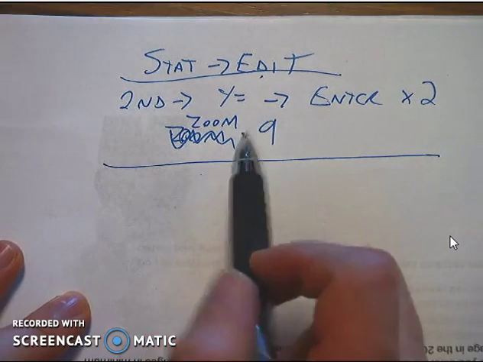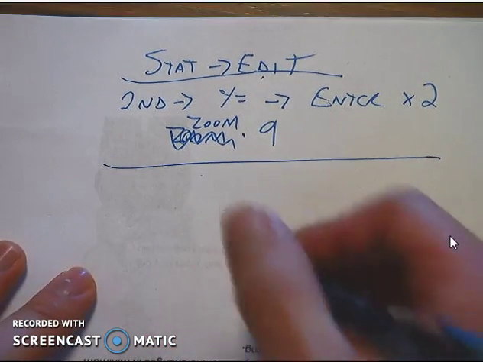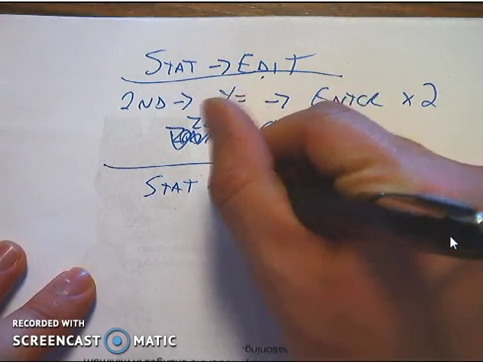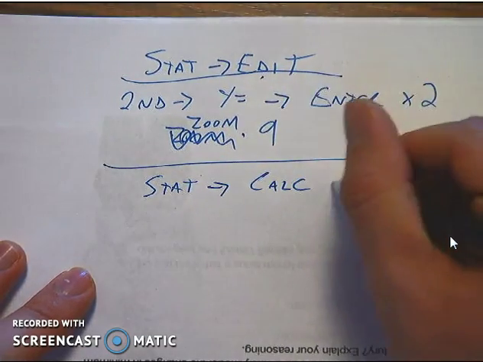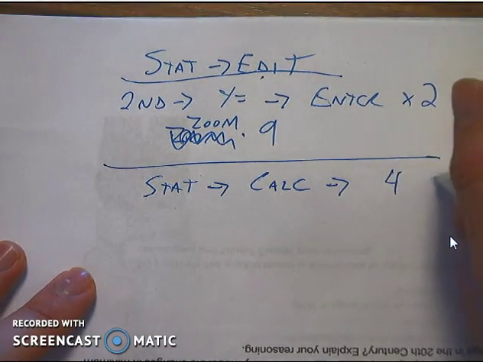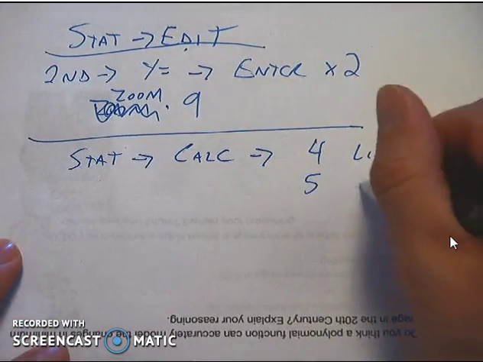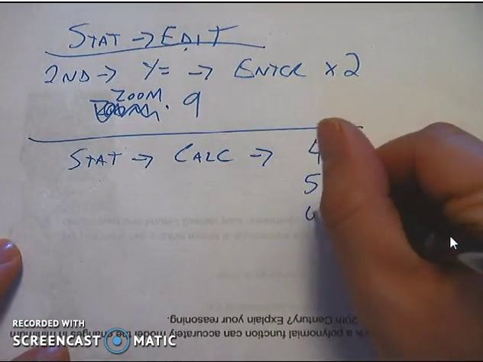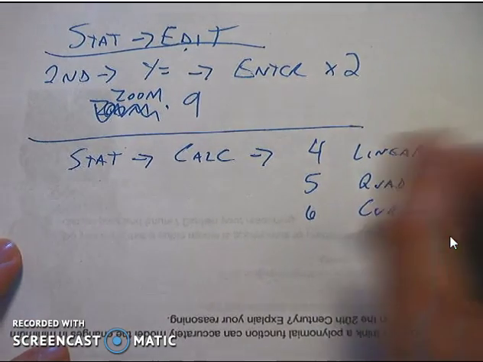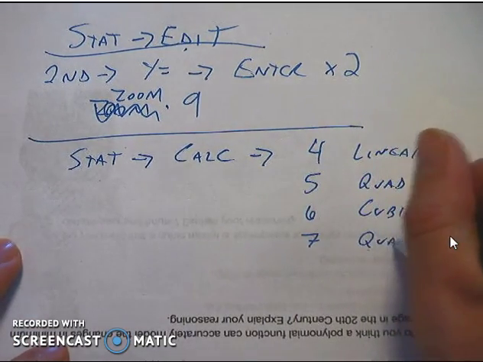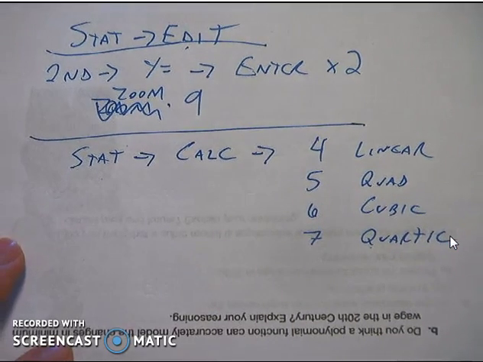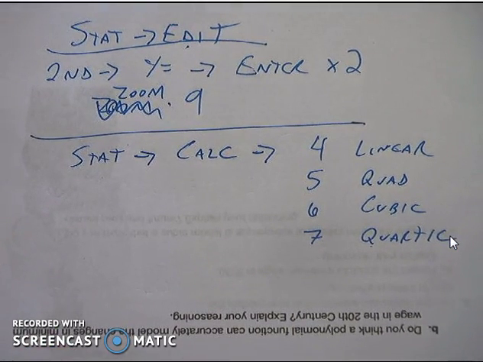This shows us the data. To get the equation, we're going to do stat, calc, and then we'll do 4 if it's linear. We'll do 5 if it's quadratic. We'll do 6 if it's cubic. We'll do 7 if it's quartic.